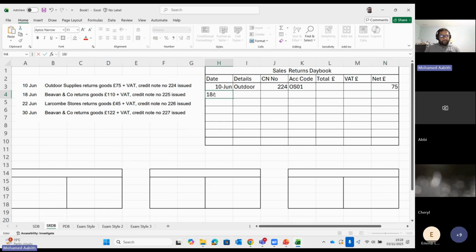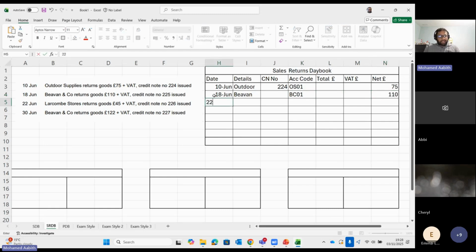18th of June, so I'm going to say 6, and this is going to be B1, 225. This is going to be B1 and Co 01 for the value of £110.